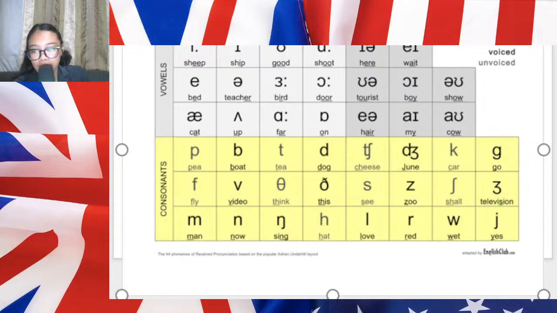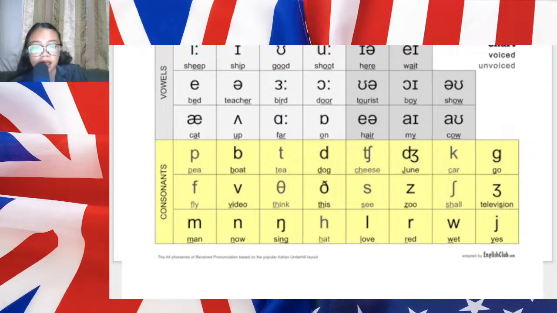If it's gray, just like p, f, t, s, ch, sh, k, those sounds are totally unvoiced or voiceless. Meaning, if you say the sound, there are no vibrations at all in your vocal cords. That's for you to be guided accordingly, because the legend has its own purpose.